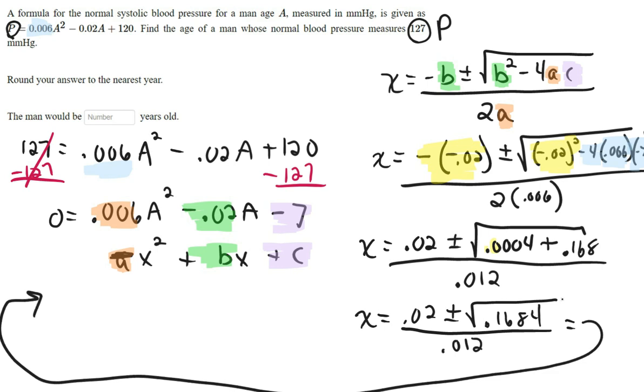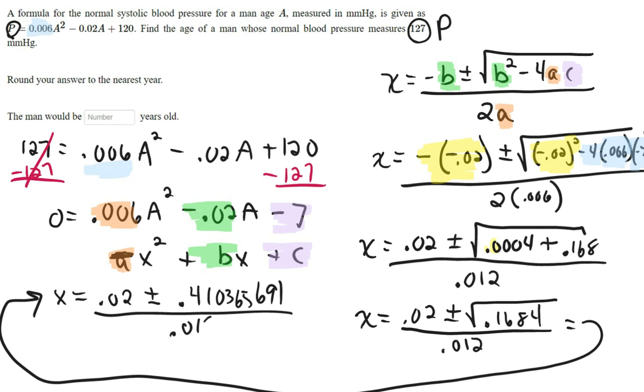This is going to be still x equals 0.02, and then it's plus or minus, and my calculator shows 0.410365691, all divided by 0.012. Now, you're doing plus or minus right here. That means there's two answers.